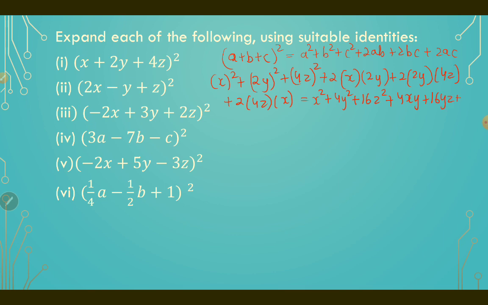16yz plus 8zx. The second one is also the same identity. So (2x) the whole square plus (minus y) the whole square plus (z) the whole square plus 2 into 2x into minus y plus 2 into minus y into z plus 2 into z into 2x.